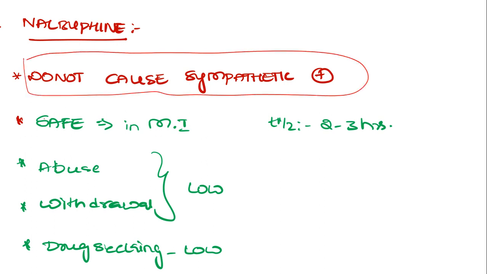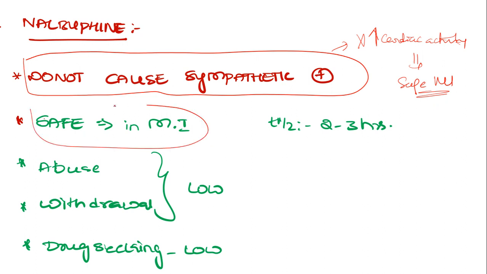If you see, pentazocine and butorphanol increase cardiac activity, whereas nalbuphine does not cause sympathetic stimulation, and thereby does not increase cardiac activity. Therefore it is safe in patients with cardiac ischemia or myocardial infarction.